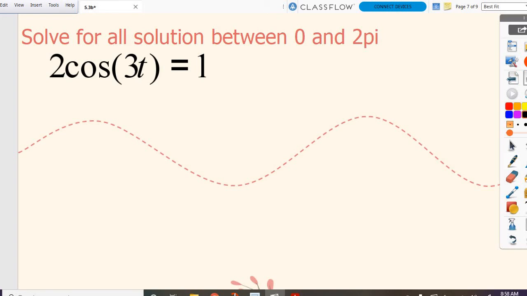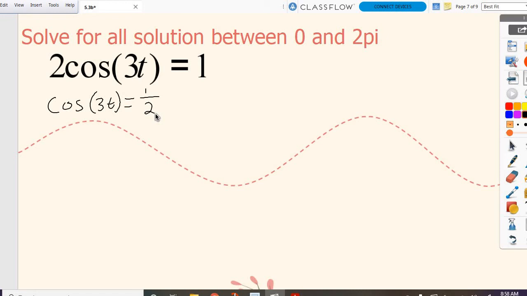Same type of idea that we're going to need to divide by 3, but remember we have to do that as our last step. So my first step is going to be to divide by 2. So we're looking at where does cosine equal 1/2.